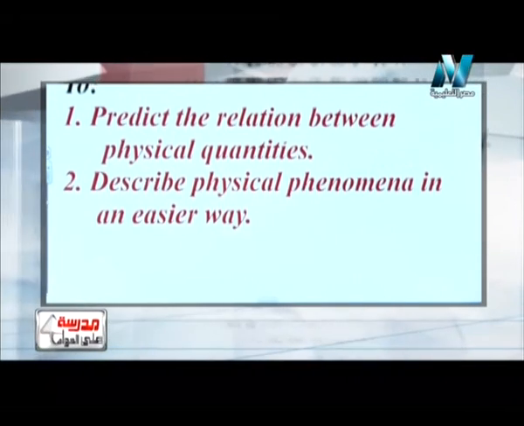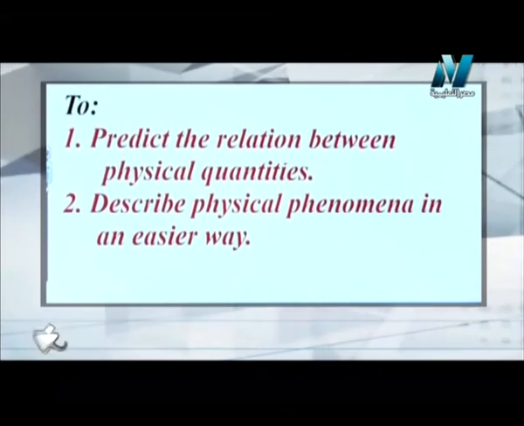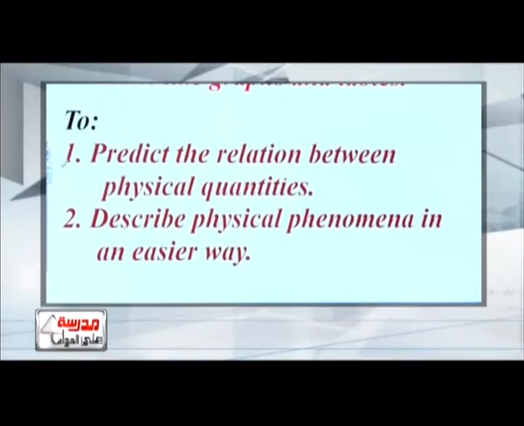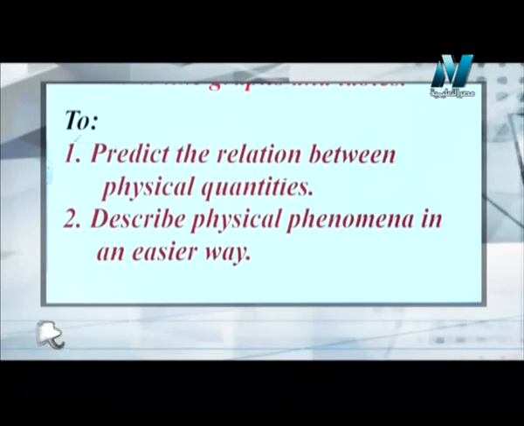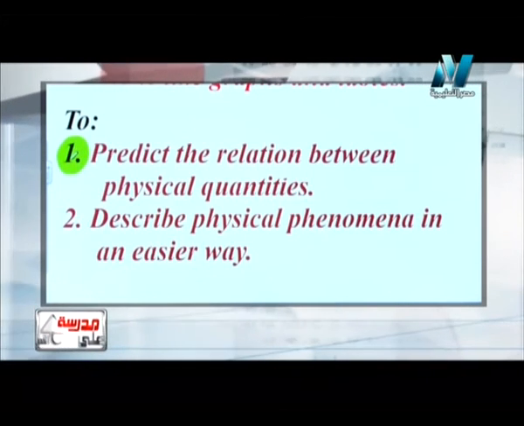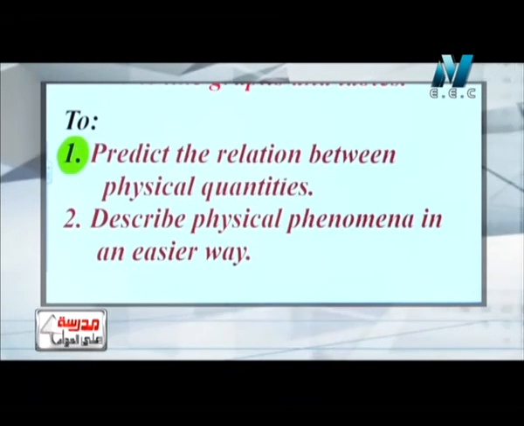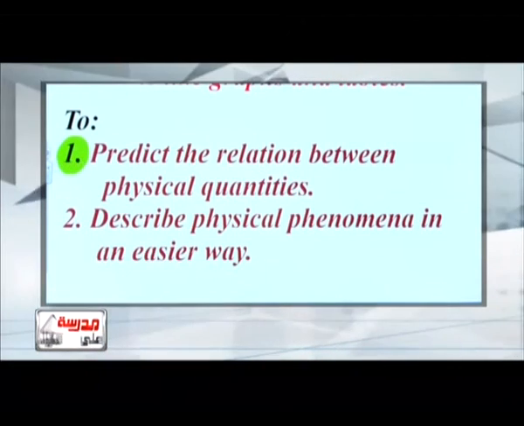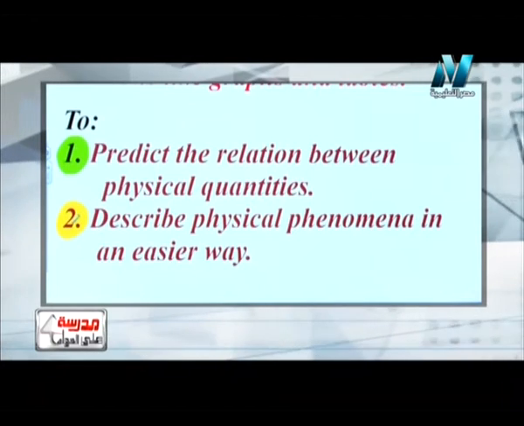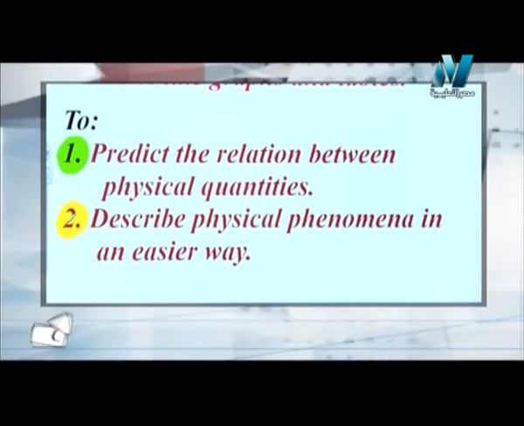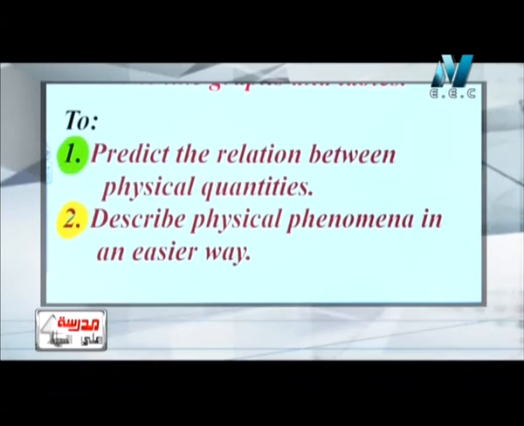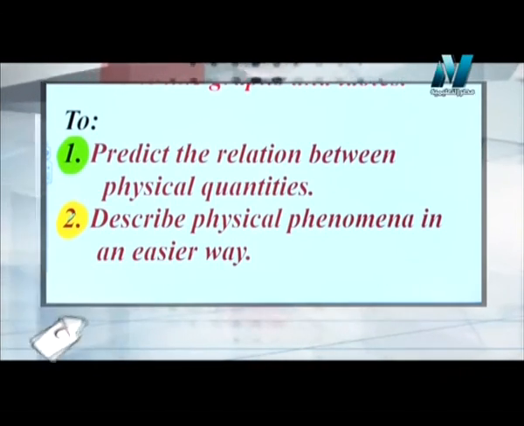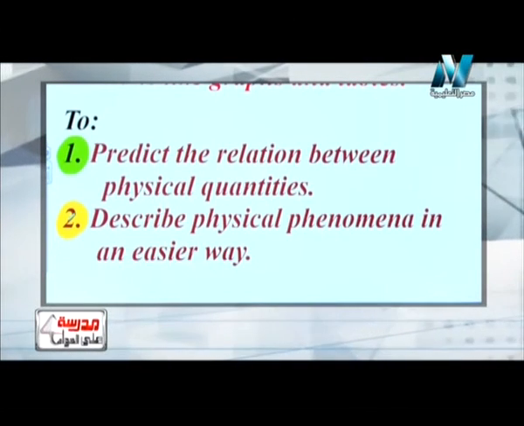Someone may ask why we give ourselves a headache making graphs and tables. I tell them there are two main reasons: first, to predict the relation between physical quantities, and second, to describe physical phenomena in an easier way. We talk about speed, so we have distance and time. We talk about acceleration, we have speed and time.